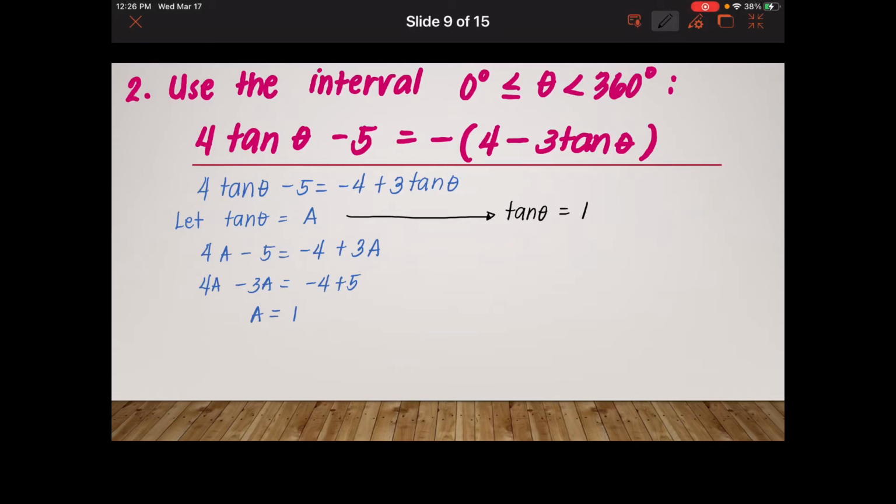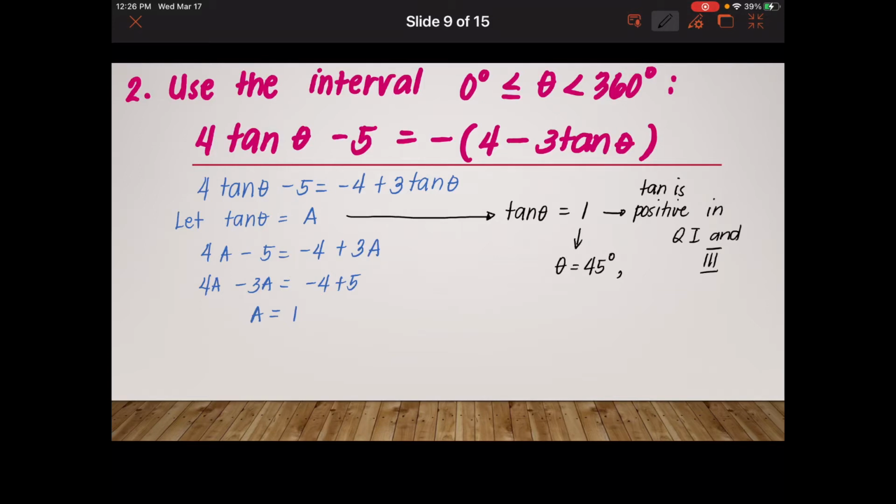Now, you determine the value of theta that will make your tangent equal to 1. If you look at the table for the 30, 60, 45 degrees, tangent has a value of 1 when the angle is 45 degrees. Now, since it is positive 1, we determine the quadrant where tangent is positive. Tangent is positive in quadrants 1 and 3.